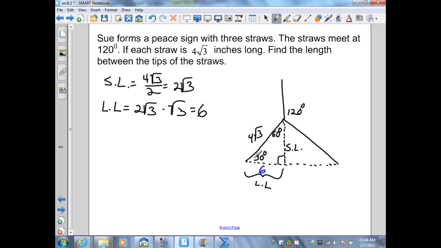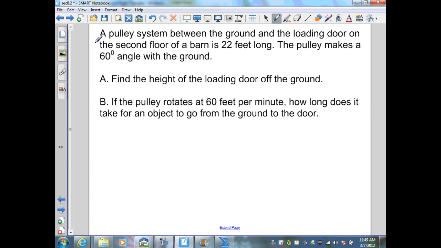I know that these two triangles are congruent because of side, angle, side. Therefore, I know that this is 6. Therefore, from tip to tip must be 12 inches.